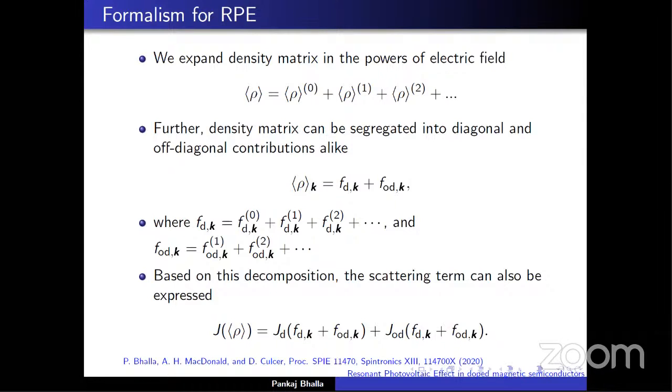Being a density matrix, one can naturally separate it into the diagonal as well as the off-diagonal part, and write them correspondingly in terms of the field powers. Similarly, the scattering term J, which depends on the density matrix, can also be written as a function of the diagonal and the off-diagonal parts.